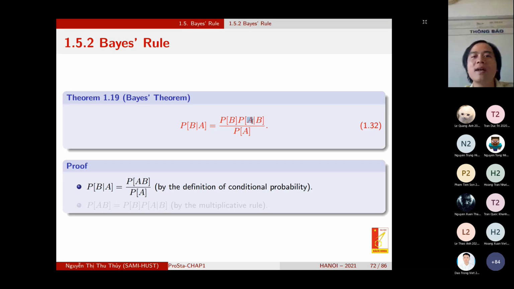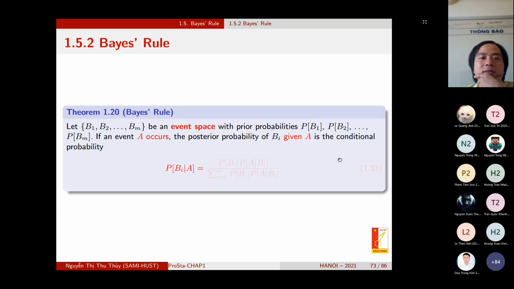Now you observe A with this probability, and given that you know the observation A, you compute the posterior of B given A. Okay, that's the meaning of Bayes theorem.